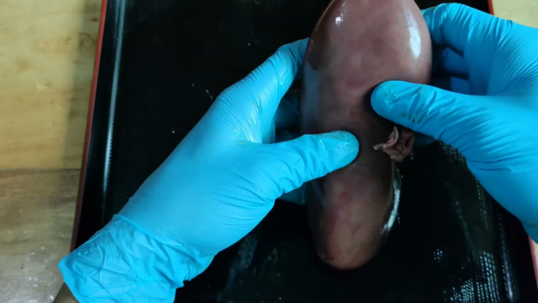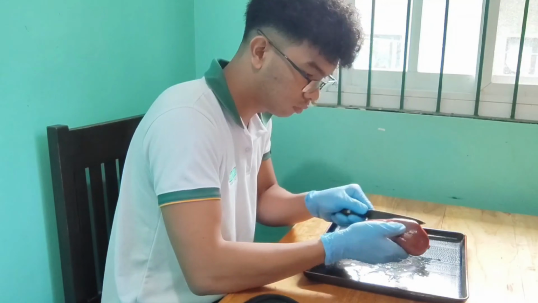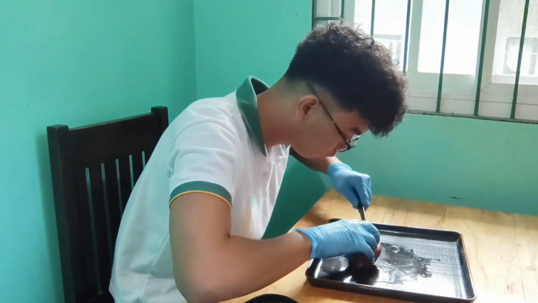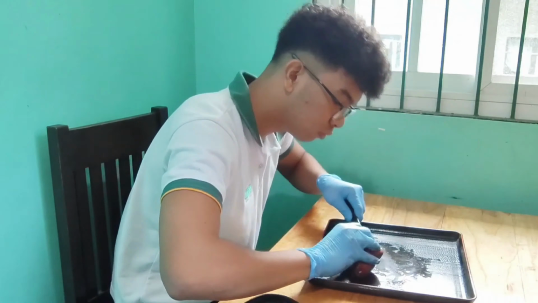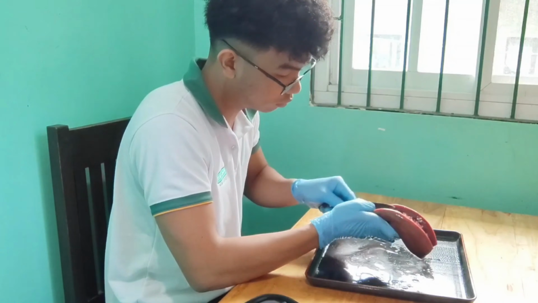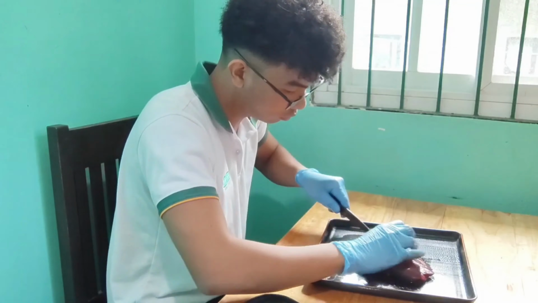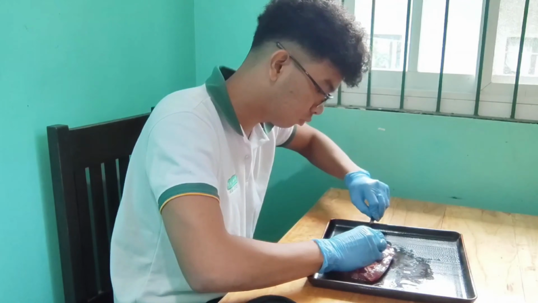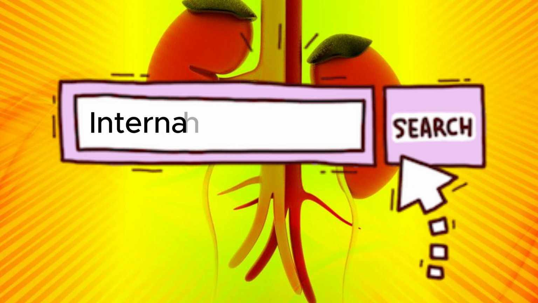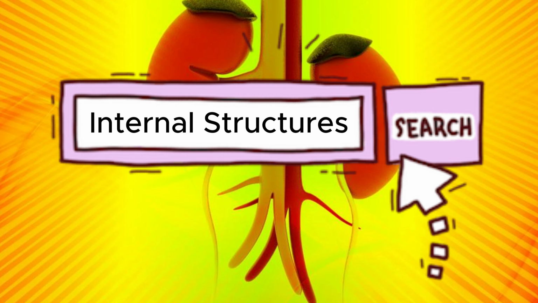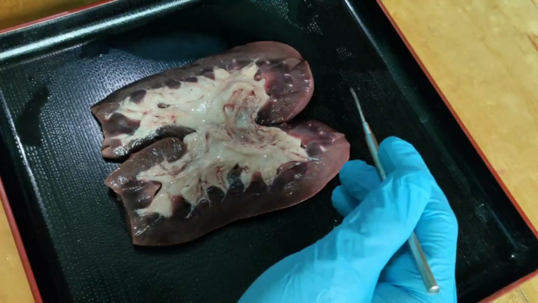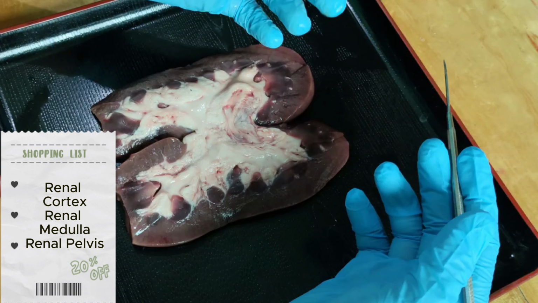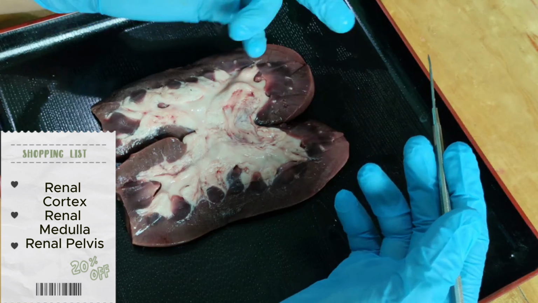Now let's proceed to the internal structure. Moving on to the internal structure of the kidney, there are three regions: the renal cortex, the renal medulla, and the renal pelvis.